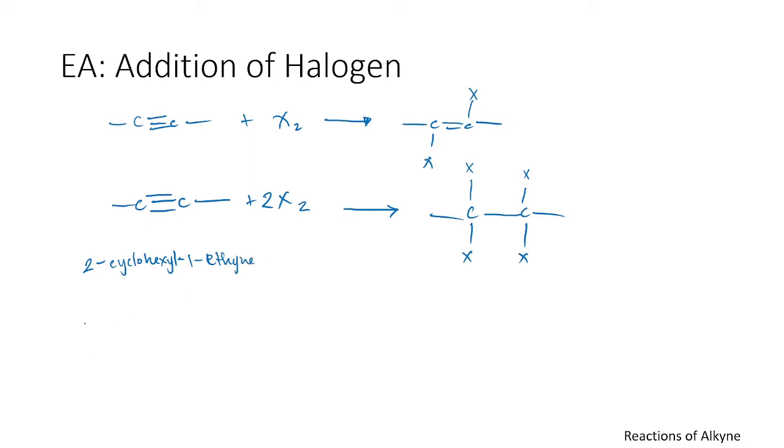We will have our ethyne, meaning 2 carbon atoms with a triple bond, and we have our cyclohexyl. So what will happen if we add 2 moles of bromine gas in the presence of carbon tetrachloride?